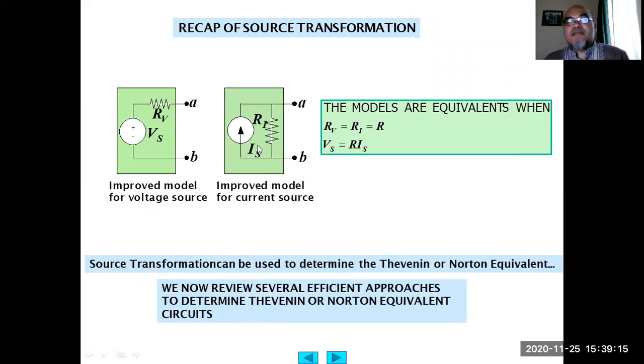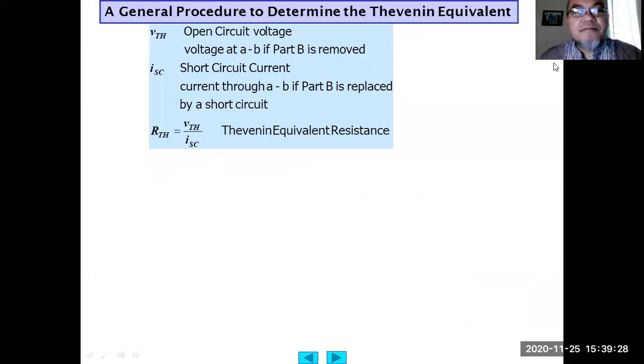Source transformation can be used to determine the Thevenin or Norton equivalent. We now review several efficient approaches to determine Thevenin or Norton equivalent circuits. So what will be the general procedure to determine the Thevenin equivalent when we are given a big circuit?